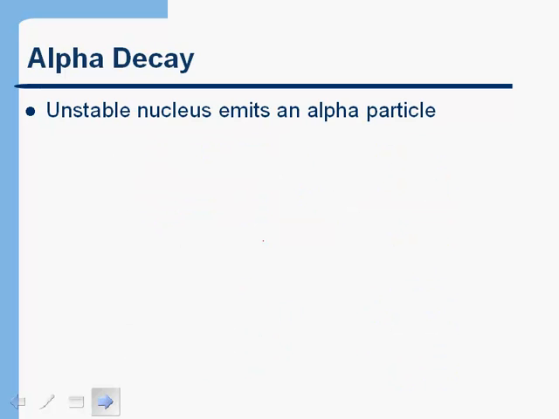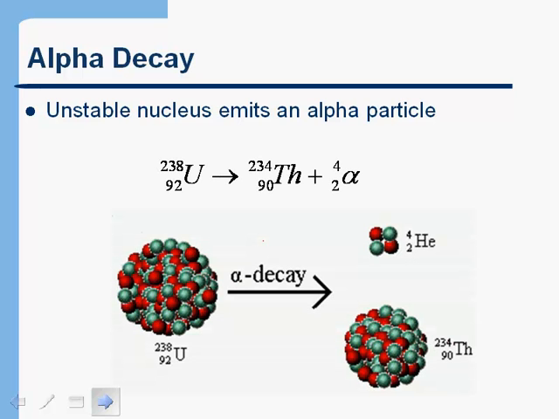Let's take a look at alpha decay. Alpha decay is similar to beta decay, except instead of a proton changing into a neutron, or a neutron changing into a proton as in beta decay, what happens here is a chunk of the nucleus is given off. And an alpha particle is just a helium nucleus.